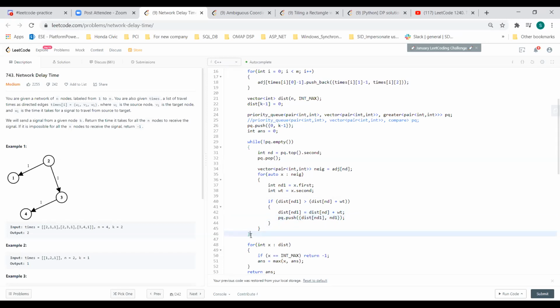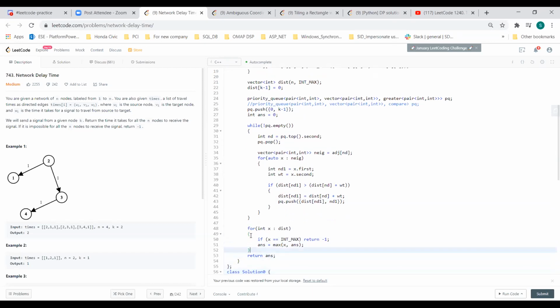Keep doing that. When this ends, you check whether all nodes are visited by finding if there is any max value in the distance. If there is, return -1, or else find the maximum value and return. So this is the simple, standard template implementation of Dijkstra.